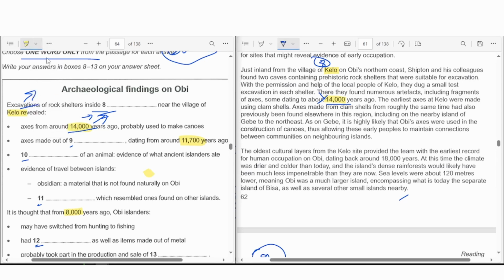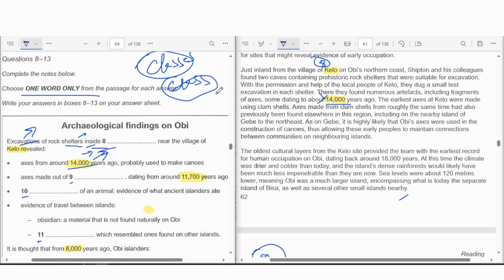Let's go. Here, the first question, look at it. Excavations, if you don't know the meaning of it, don't worry, forget about it. Of rocks, shelters. So you know the shelter inside shelter. Per se, maybe a cat comes to my home and I give that cat some place to live. So I give that cat a shelter, right?